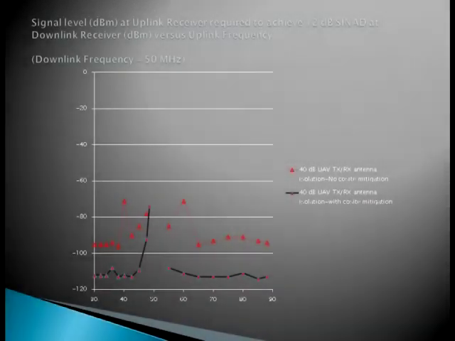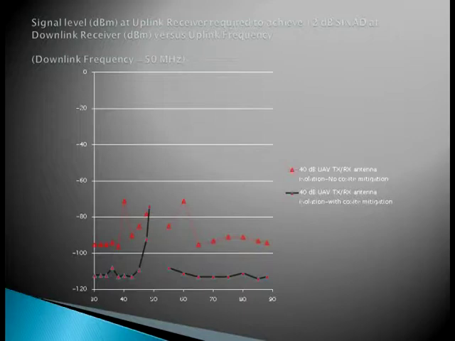If we translate the uplink attenuation levels used in the two cases presented in the demonstration to actual signal levels at the uplink receiver, by subtracting the attenuation levels measured in the demonstration from the uplink transmitter's output power in dB, we can determine the signal level at the uplink receiver required to support 12 dB SINAD at the downlink receiver. This chart shows these levels on the vertical axis for the two cases shown in the demonstration, with or without Cosite interference mitigation.